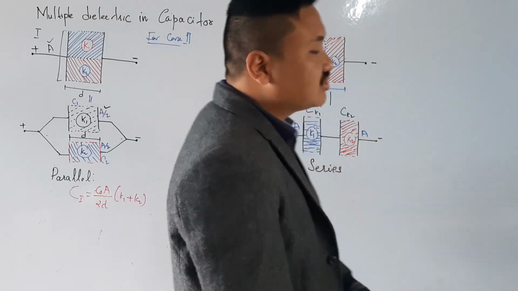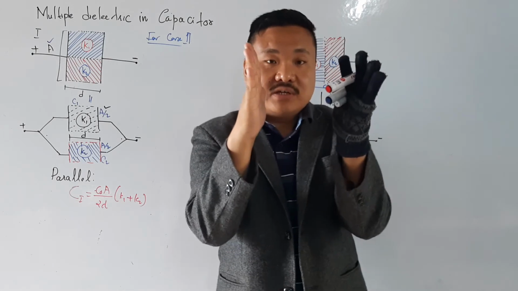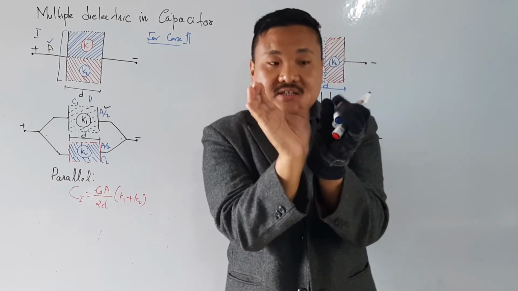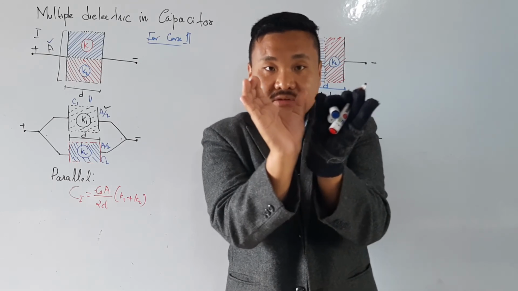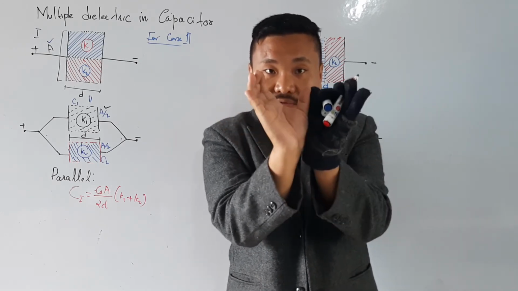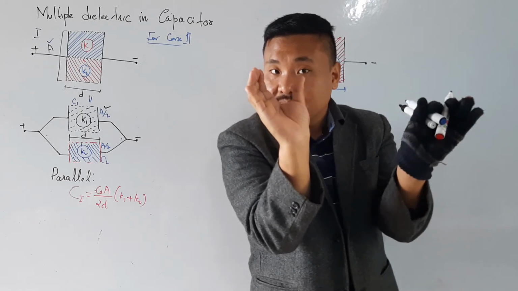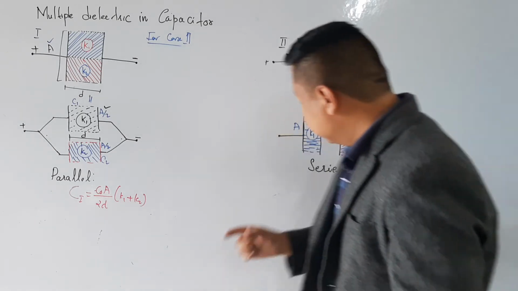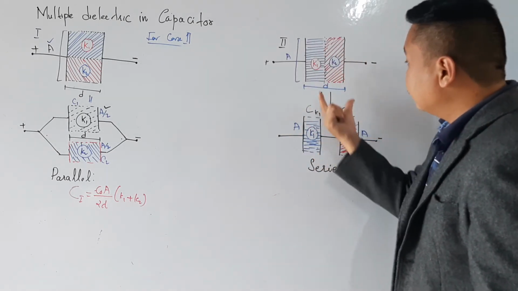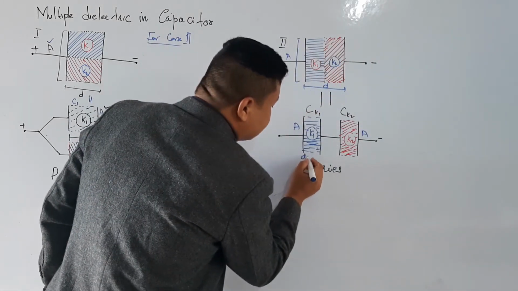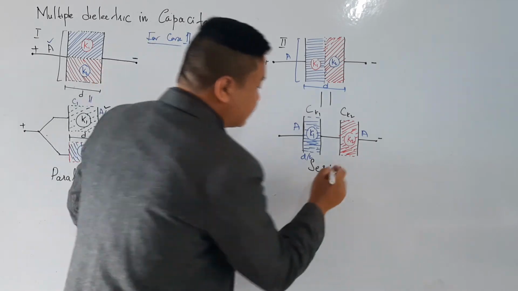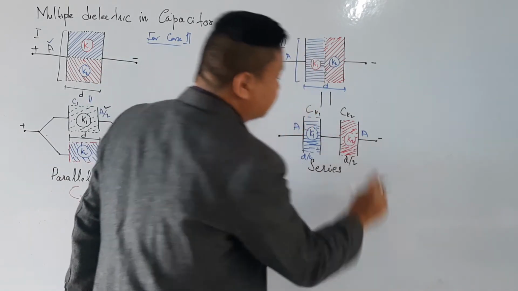But what is going to change? The distance between them. Half was filled with K1, the other part with K2, and I will separate it like this. Then this will become half of the distance. So this distance is D by 2 and this distance is also D by 2.